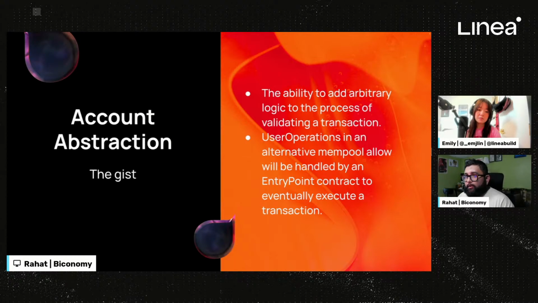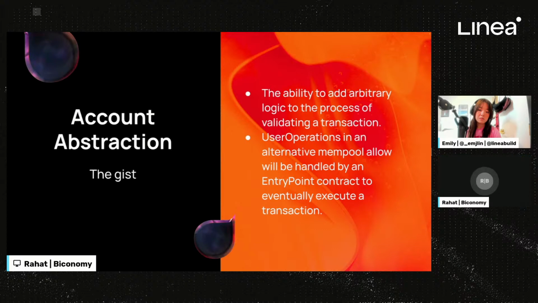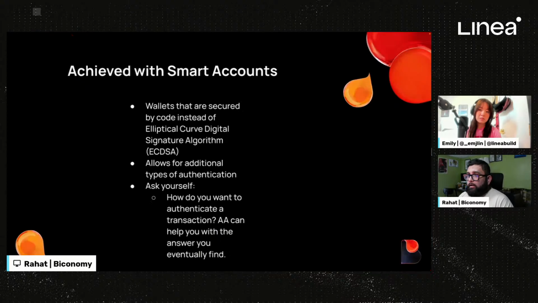An entry point contract is just a singleton contract that is deployed on every single chain that allows the full ERC 4337, or account abstraction, flow to actually execute. And we're going to look at a diagram of that full flow in a second. But the way that all of this is actually achieved is through something called a smart account or smart contract wallet, depending on how you want to call it.